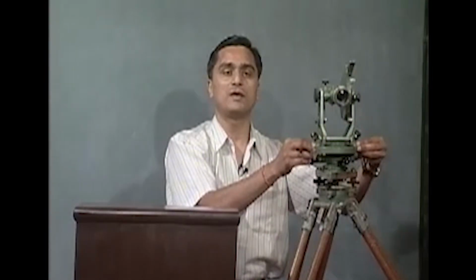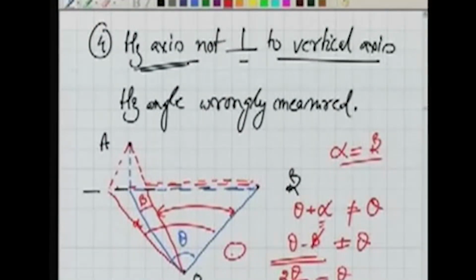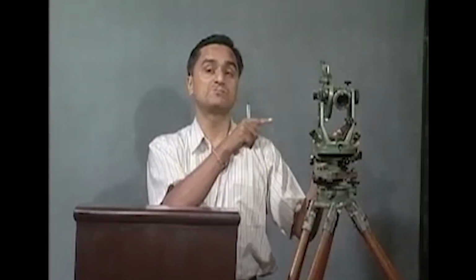Earlier it was face left observation. Whatever is the angle value recorded, then I change the face. Now it is face right observation. Whatever is the angle value, if I take the mean of these two, face left and face right observation, I get my actual angle, even if there is error in the instrument. So by taking face left and face right, by this principle of reversal, the error can be eliminated.